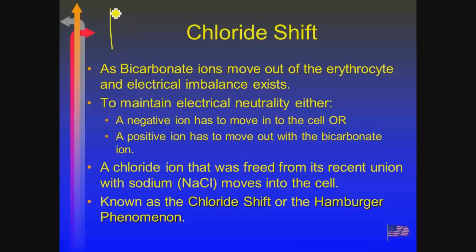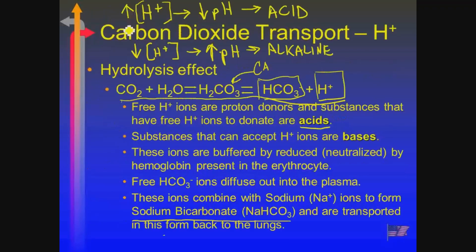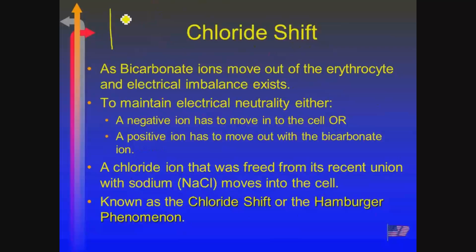So let me go ahead and just redraw this. Here's my erythrocyte. It's producing bicarbonate. In the bloodstream, I have sodium ions and chloride ions that are floating around with sodium chloride. This bicarbonate that was created in large numbers, because there's carbonic anhydrase present, they move out.